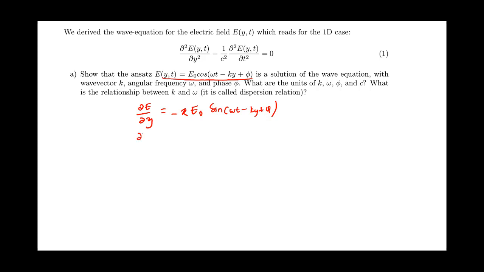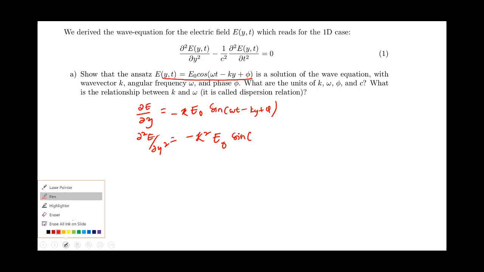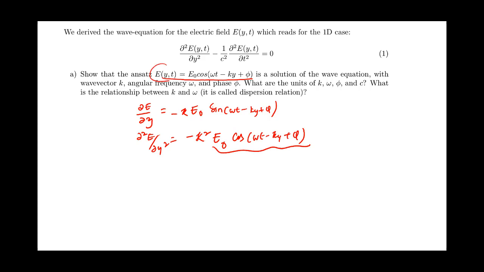And if you do differentiation again, you would have the cosine back. So you would have minus k squared E naught cosine omega t minus ky plus phi, and this is nothing but again the Ey you started with.